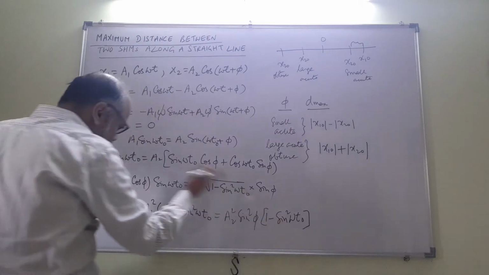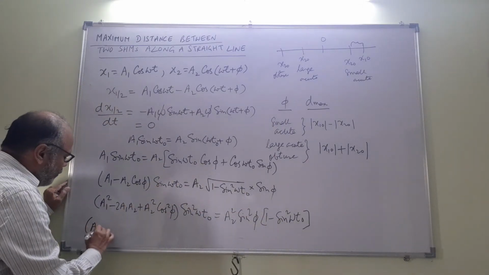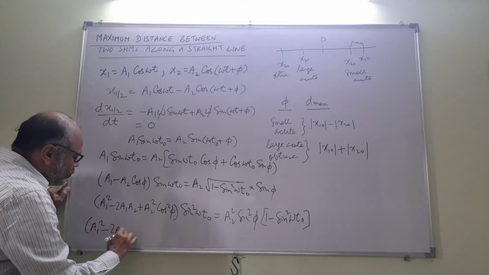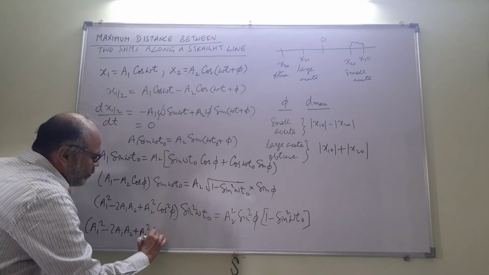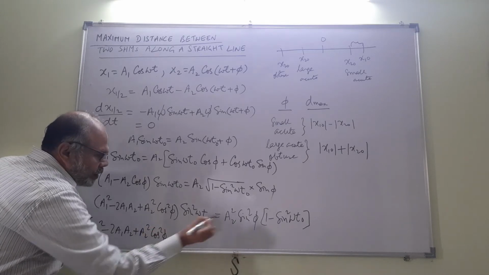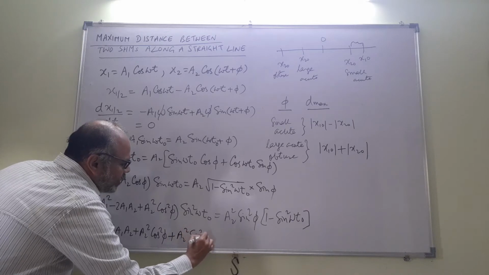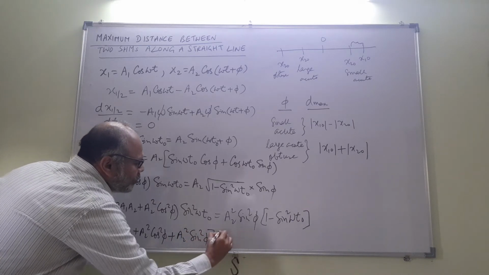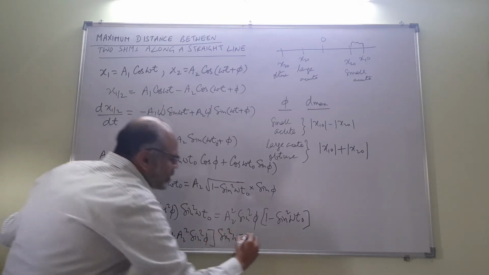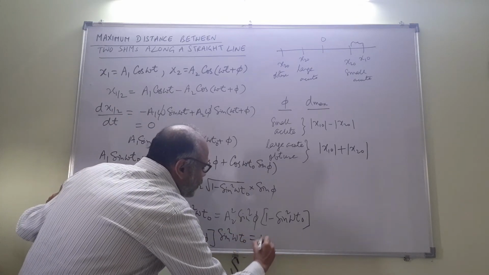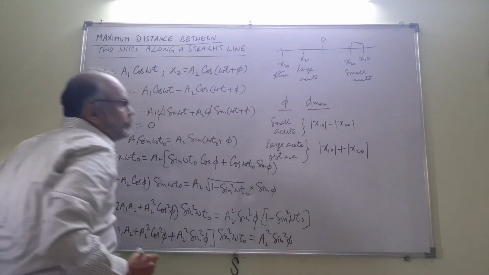Bring this sine squared omega t naught to this side along with the coefficient. So you will have A1 squared minus 2 A1 A2 cos phi plus A2 squared cos squared phi, that will be plus A2 squared sine squared phi, into sine squared omega t naught is equal to A2 squared sine squared phi.